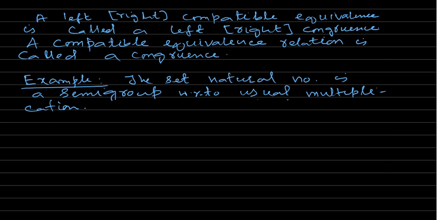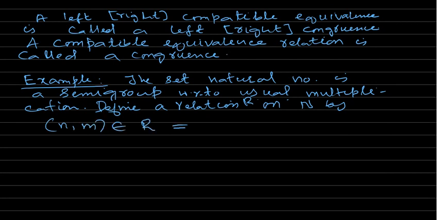Let's define a relation R on N, the set of natural numbers, by: we say (n, m) belongs to R if and only if n minus m is an even integer.